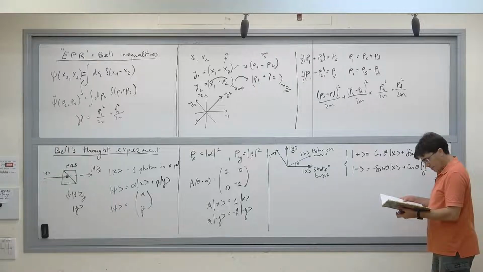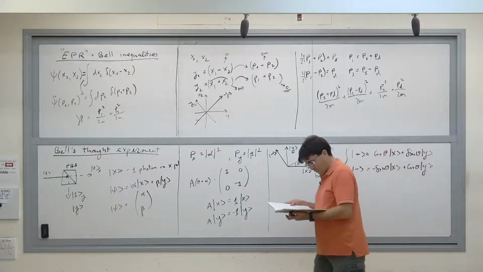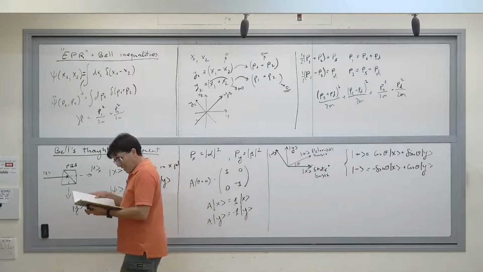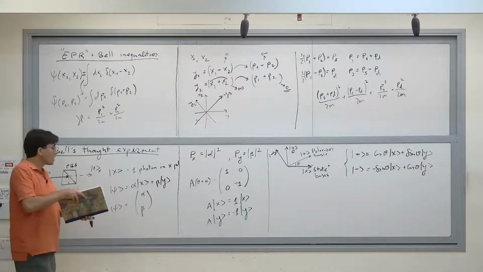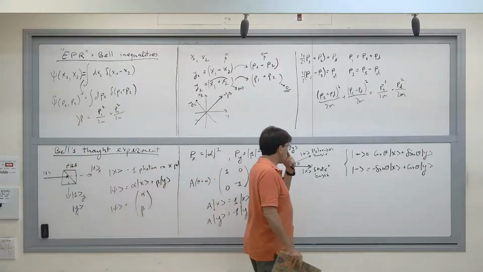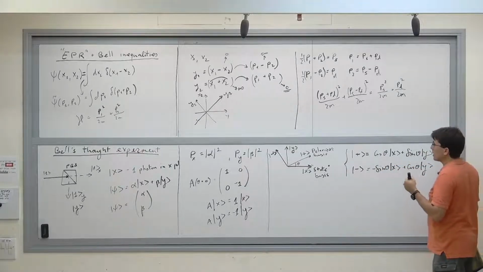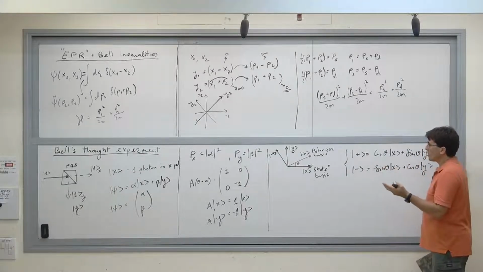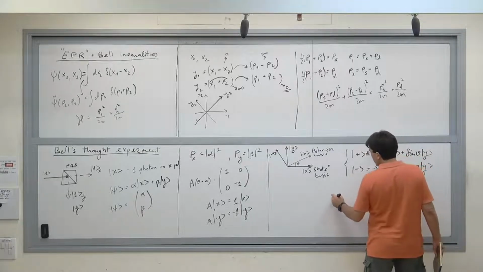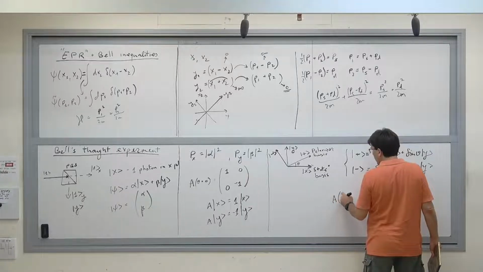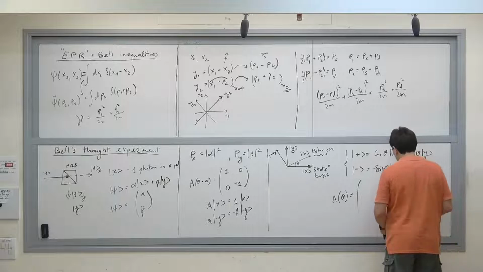In my notebook it says that it's easy to show, but let me give you the final outcome: the operator A of theta looks like this.